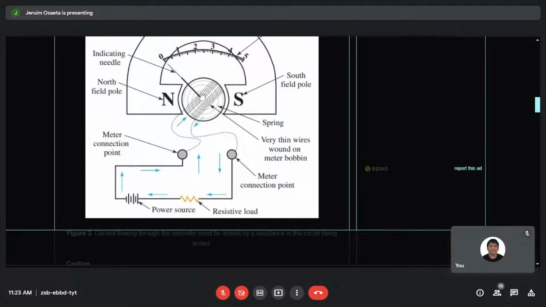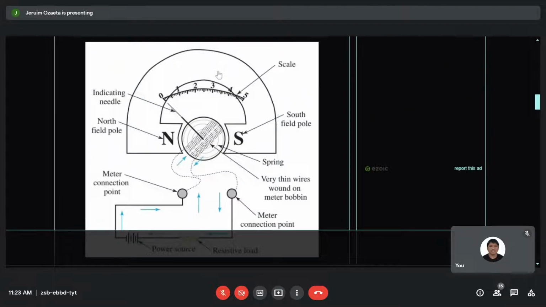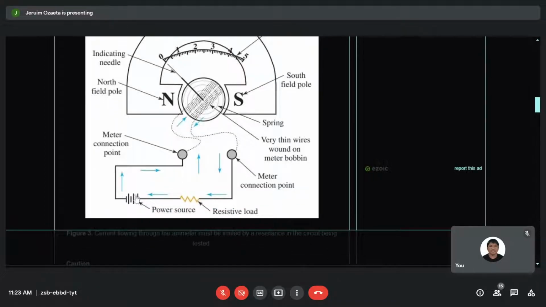Notice that the coil will be forced to move according to the strength of the magnetic field that is generated by the current flowing through it. In this case, the scale is just calibrated into the 5 units. Now, in the circuit, you notice that the resistance in the coil is not going to change.